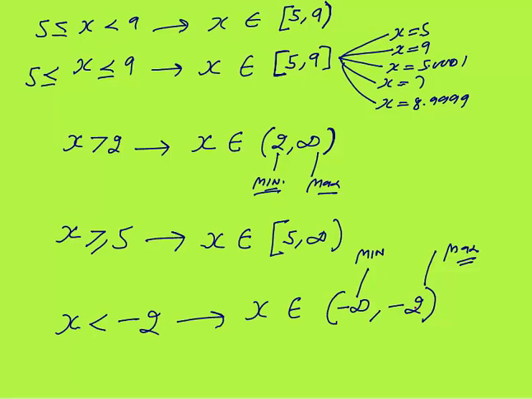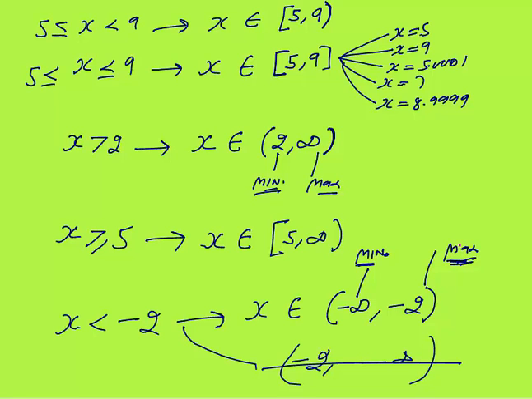Maximum could be just less than minus 2. So that's the meaning of the bracket. You won't write minus 2 to infinity, that will be wrong. You have to write minus infinity to minus 2. The first number in the bracket will be the smaller number, the minimum, and this will be the maximum number.